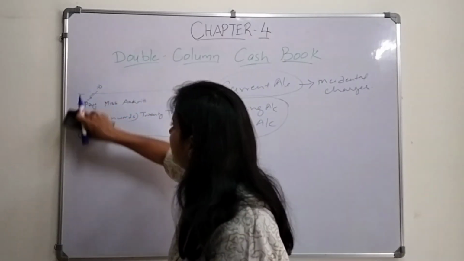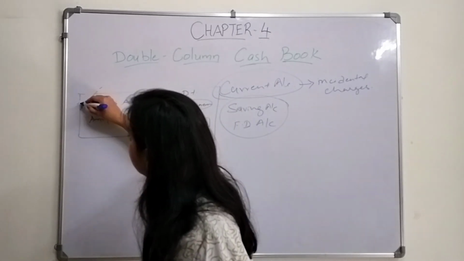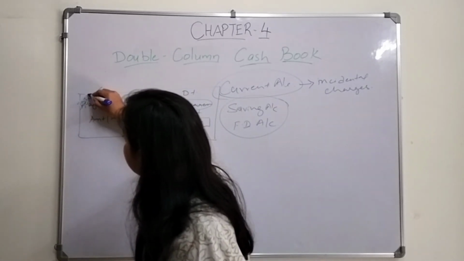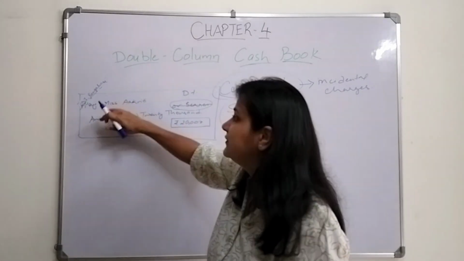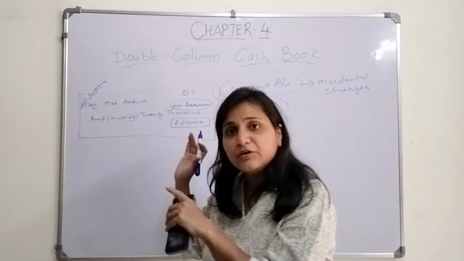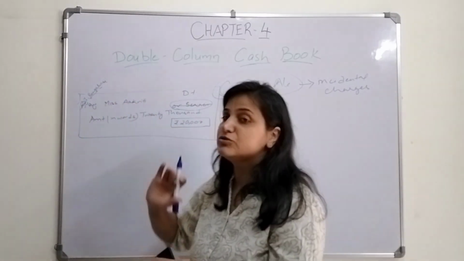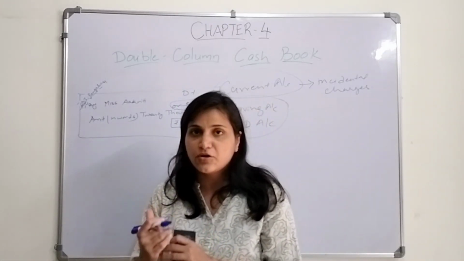Okay, now if there are certain times, like if I write here SBI Bangalore, then to Miss Akriti's SBI account, which is in that particular branch in Bangalore only, you are supposed to make the payment. Okay, this is called a crossed check.